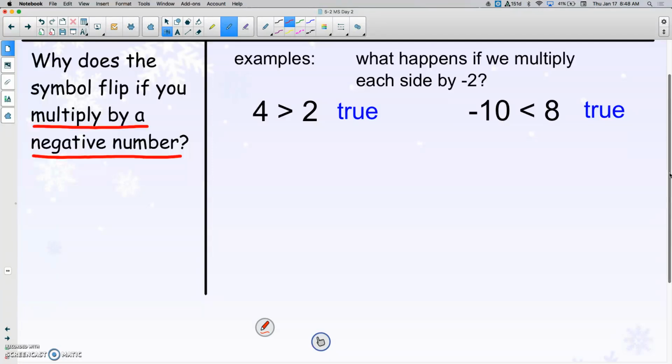So we're starting with the inequality 4 is greater than 2. This is the bigger number right here, 4.